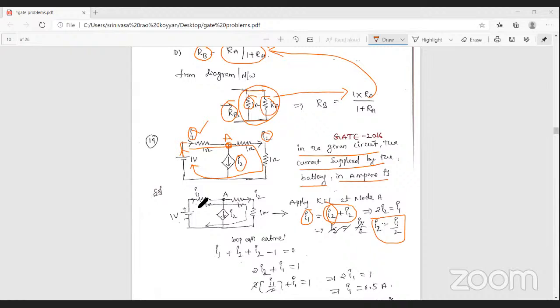From these two relations you can find out the I1 current. Okay, so apply the total loop analysis. The current in the 1 ohm resistance is I1. Again the current is entering here. The current passing through the 1 ohm resistance is I2, so I2 into 1 is also I2. Again the current is entering the 1 ohm resistance, that is I2 into 1, also I2.